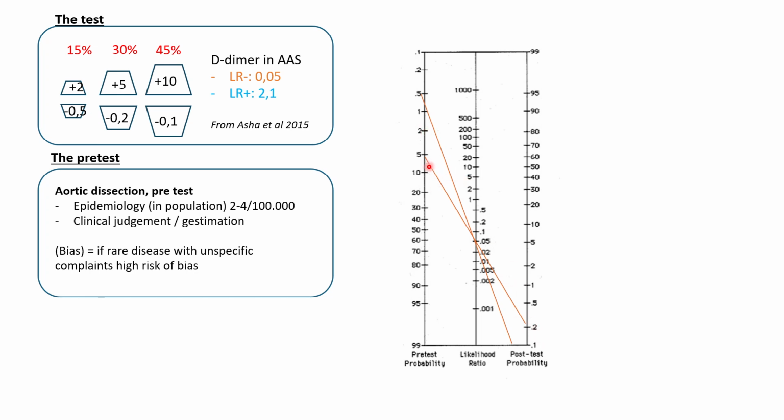But if you do increase the pretest probability somewhat, you will decrease it with a negative D-dimer. You will come down to quite a good post-test probability. But as the risk increases, that's not the case. And the higher the pretest probability, the more likely you are to need more tests.